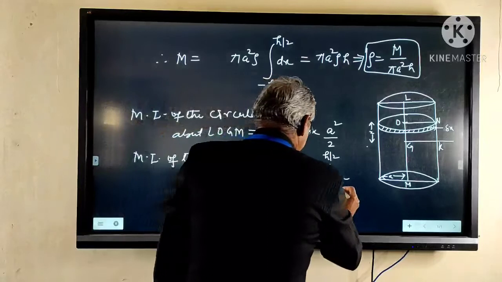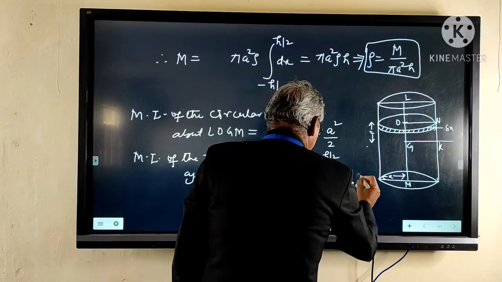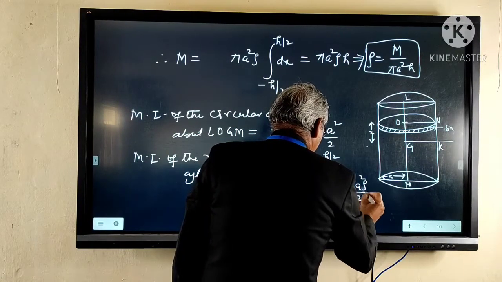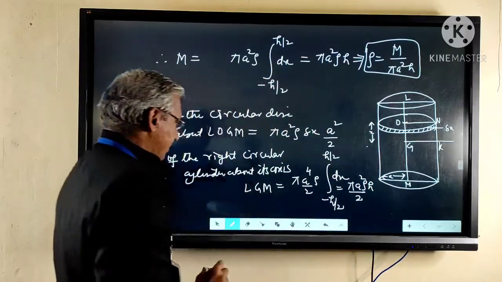It is finally pi a square rho by 2 into h.